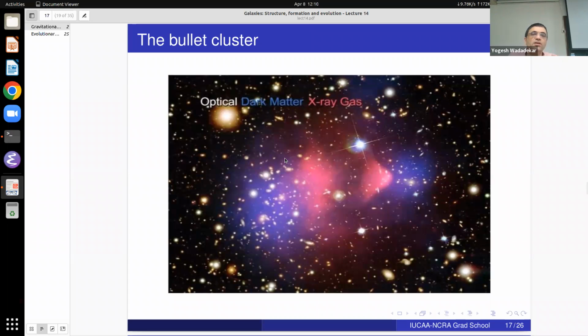And what does the blue color correspond to? The blue color corresponds to the mass model of the cluster that was built using gravitational lensing. Now this is supposed to be one of the strongest evidences against the idea that dark matter does not exist as distinct particles and that instead there is some modified Newtonian dynamics.